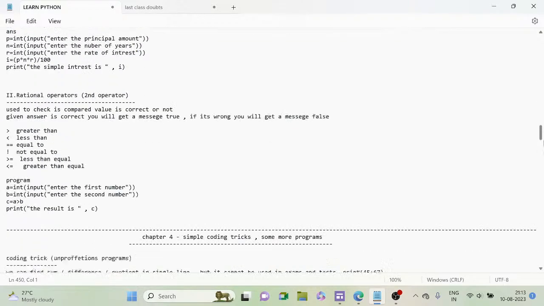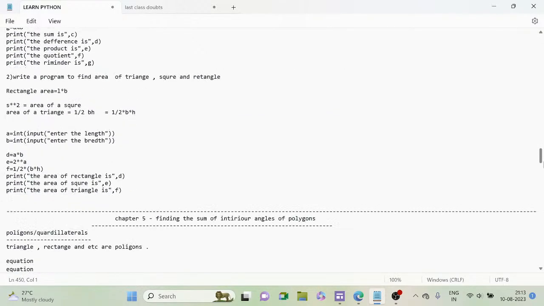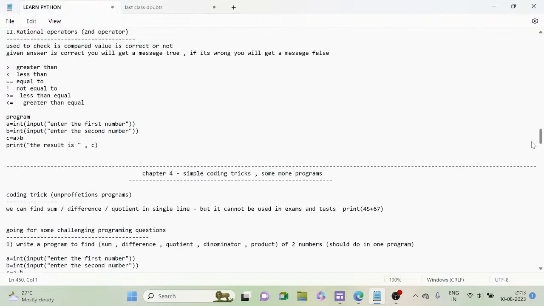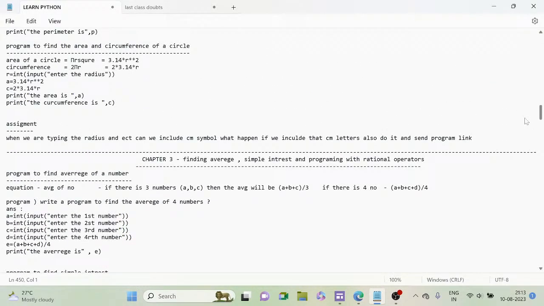The rectangle we haven't done, so today we can do the area and perimeter of a rectangle also.